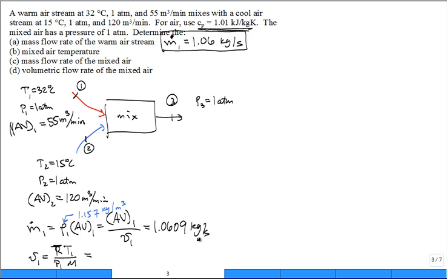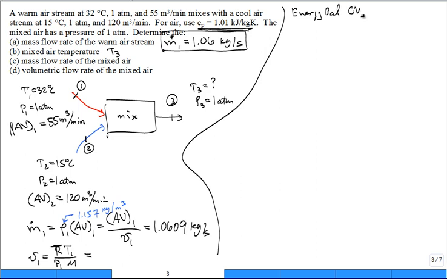Part B now. What is the mixed air temperature? We're asked to find T3, the temperature at 3. How do I find T3? Do an energy balance for the control volume.